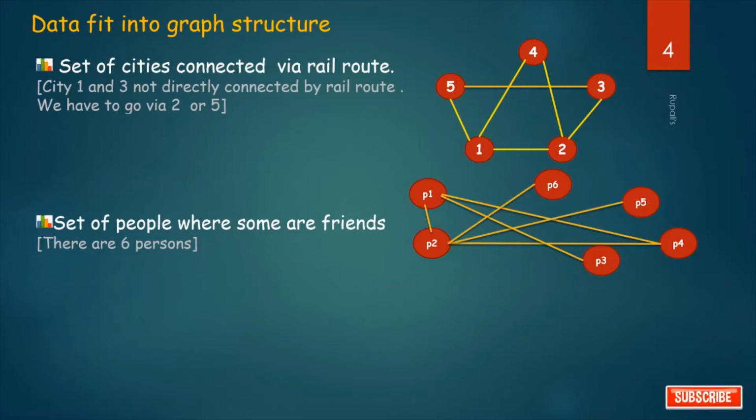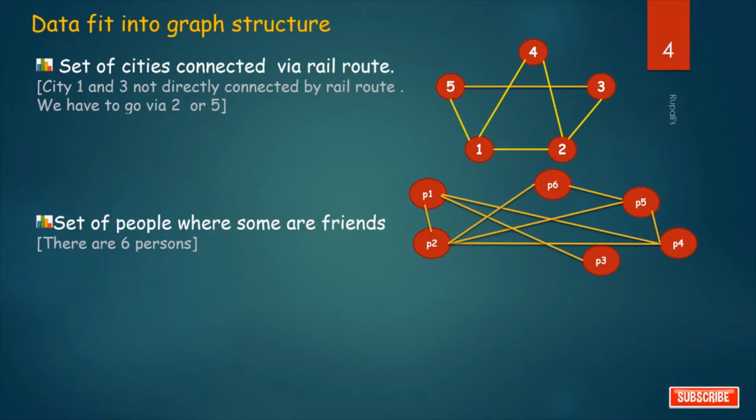Friend of person 3 is P1. Friends of person 4 are P5, P1 and P2. Friends of person 5 are P2, P4 and P6. And friends of person 6 are P2 and P5. So in this way you can represent.